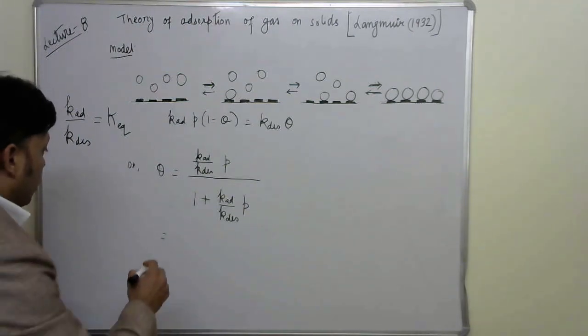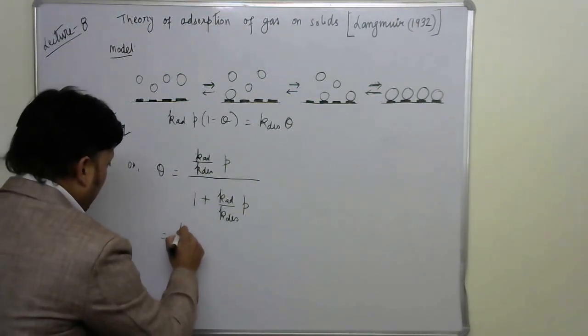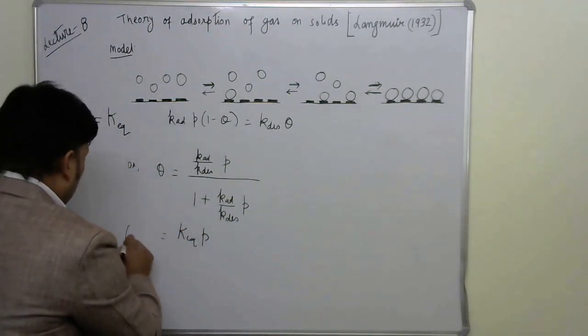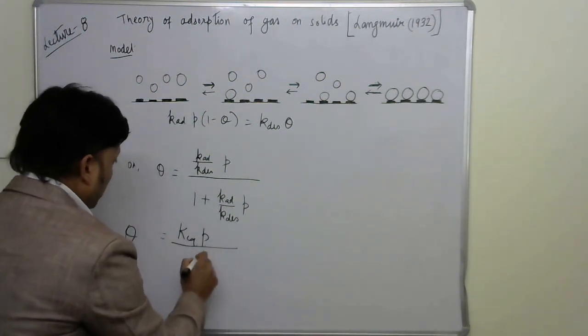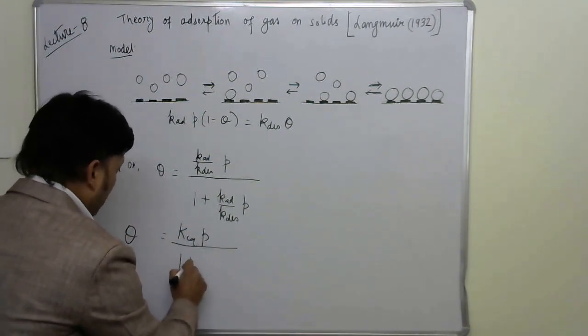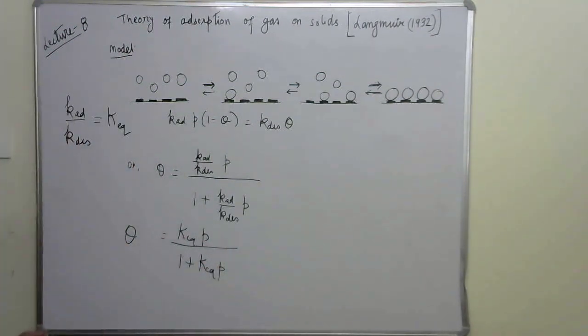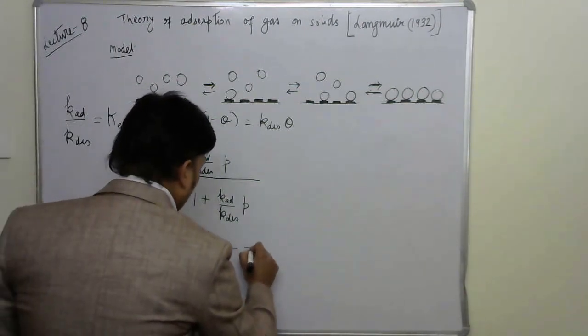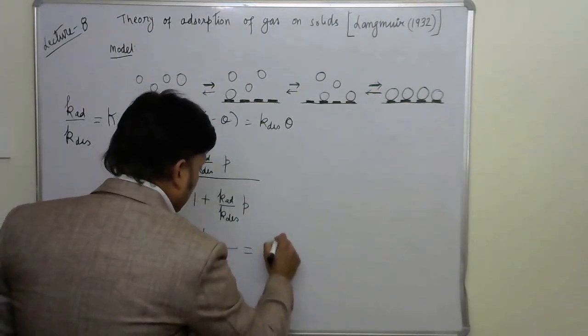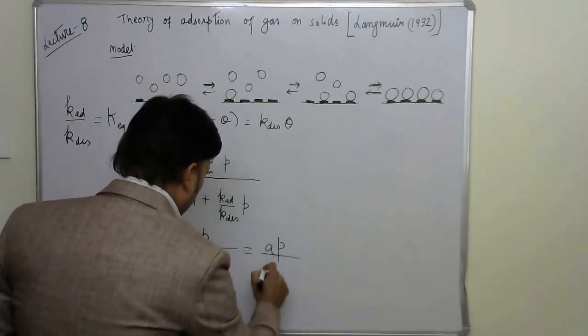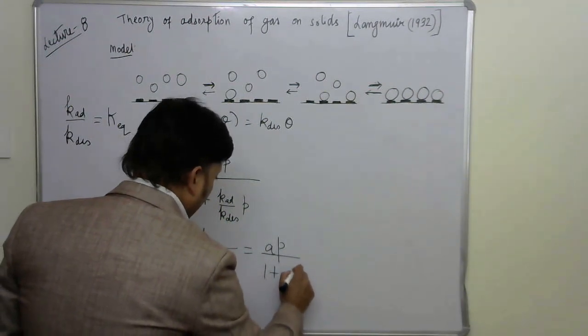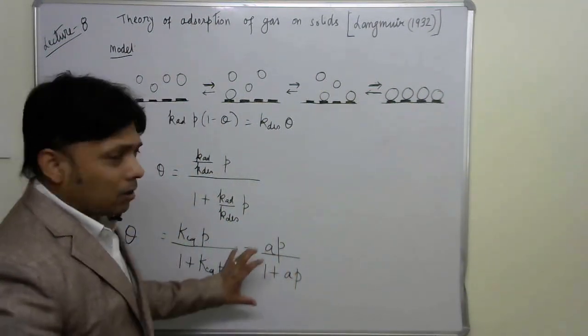So we can write the same equation as theta equals K equilibrium multiplied by pressure divided by 1 plus K equilibrium multiplied by pressure. The same thing can be represented as some constant A multiplied by P divided by 1 plus AP, where A is a constant.